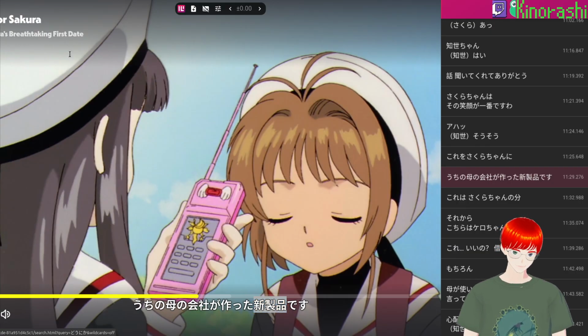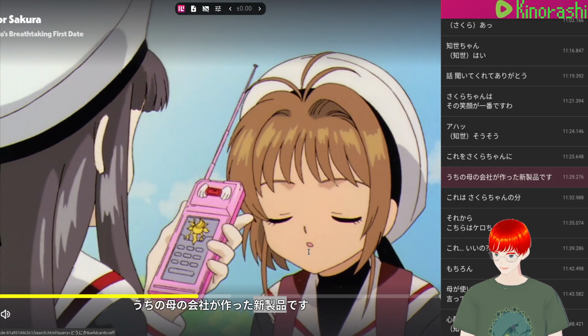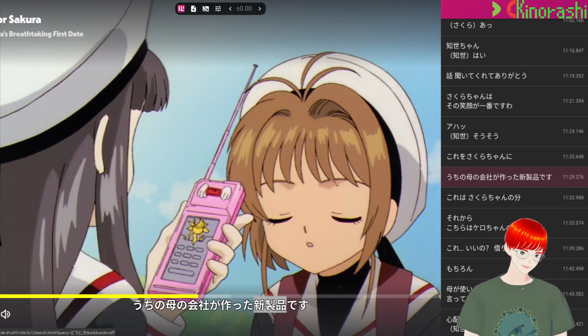And yes, at the time this anime was made, cell phones were a very new thing. That middle kanji has to do with manufactured, so the other one has to be good. So manufactured goods, so new manufactured goods or new product. Shin seihin, with seihin just being manufactured goods.